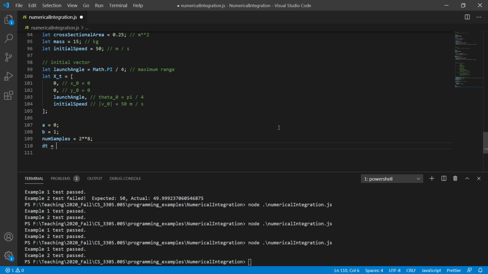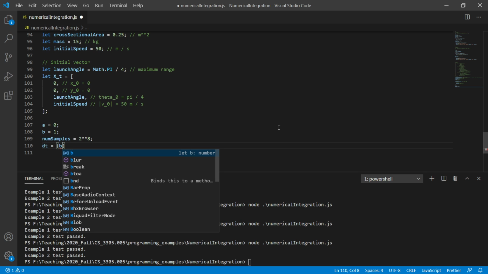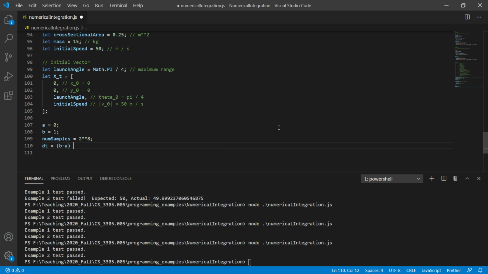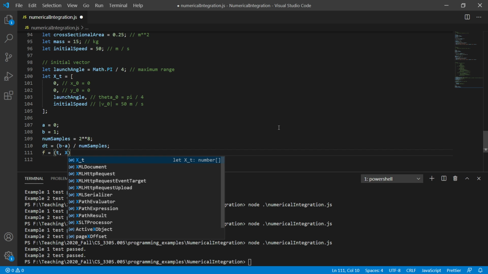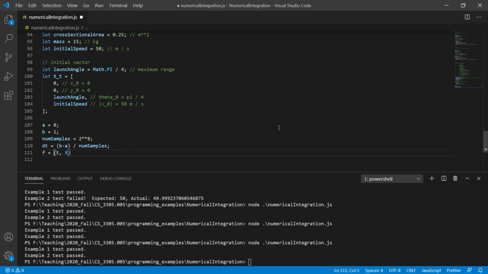Okay, so again, we compute dt, and it's the width of our journey divided by the number of steps, and that tells us how far each step needs to be to complete the journey. We again define our function f, but this time it's a function of t and a vector, and it's going to modify that vector.